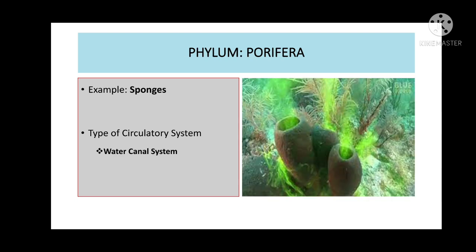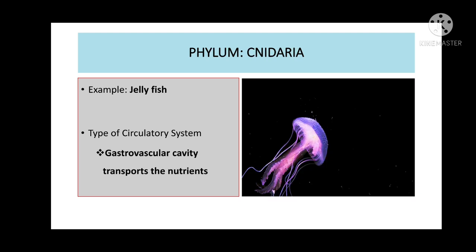Phylum Porifera. Water canal system is seen in sponges. Phylum Cnidaria. Jellyfishes have developed blind sac-like gastrovascular cavity which transport nutrients to each and every cell.